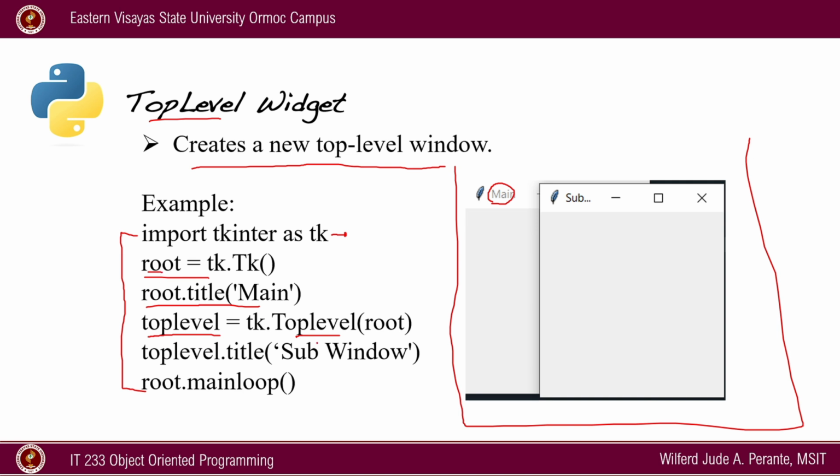Now, since we have the top level title, we are now setting the title of our top level window to being a sub window and title. So, ito na yung top level title natin. As we run our TKinter main loop. So, if you run the code, yung output niya is ito.